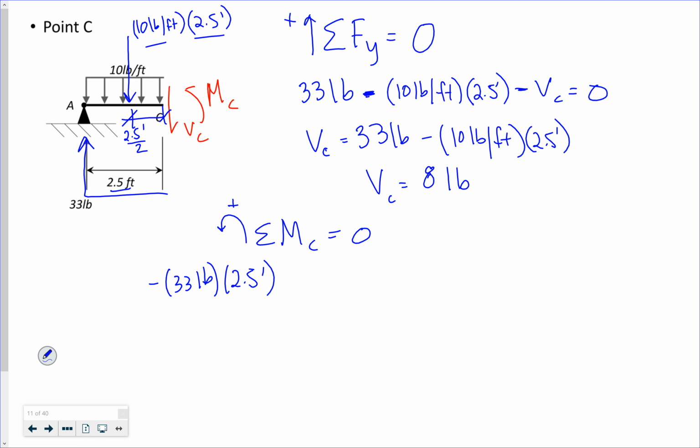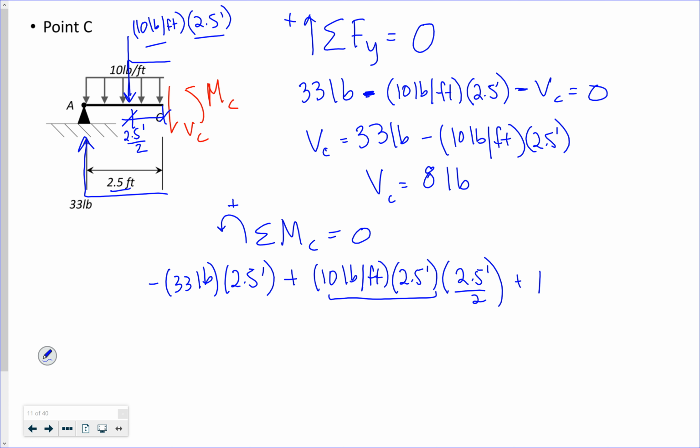It is acting counterclockwise, right? That's the force, and then the moment arm is 2.5 feet over 2. And I have my moment at C.